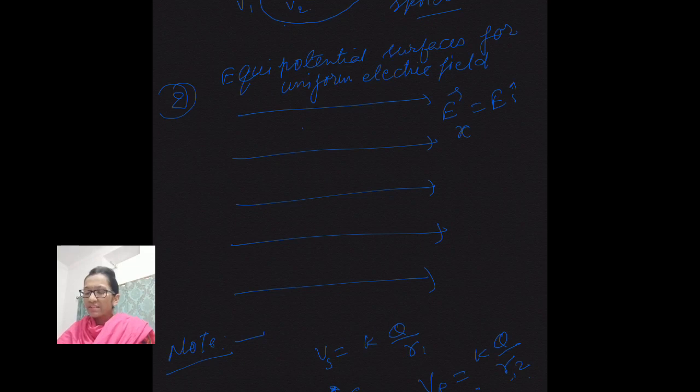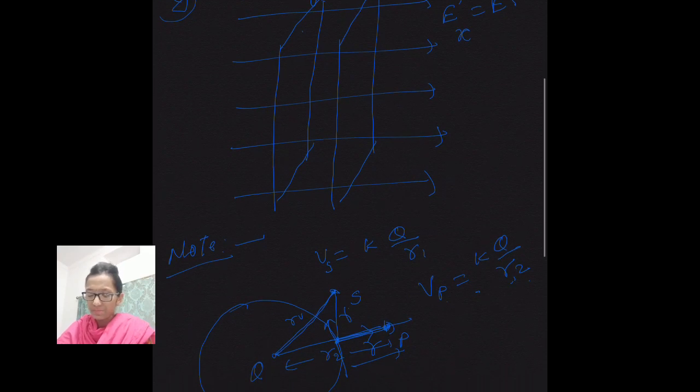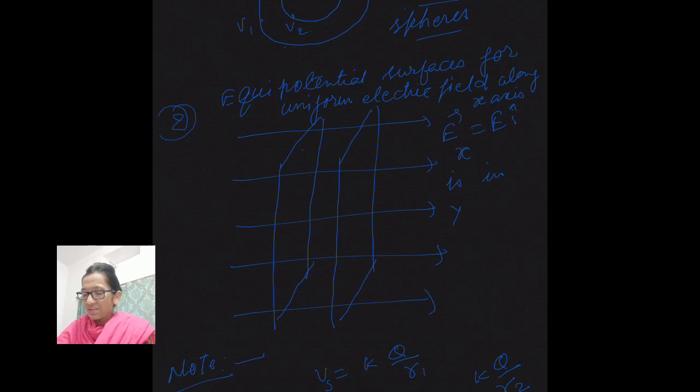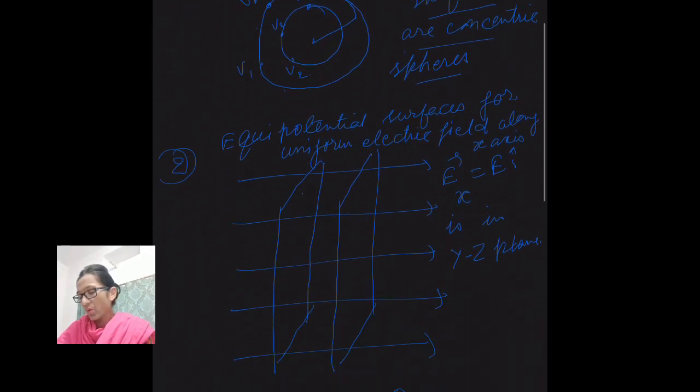So the equipotential surfaces should be in the yz plane. Let me draw the equipotential surfaces. All the equipotential surfaces would be in the yz plane.